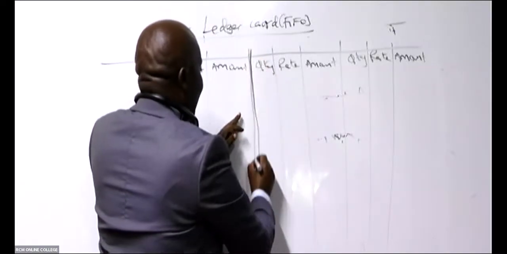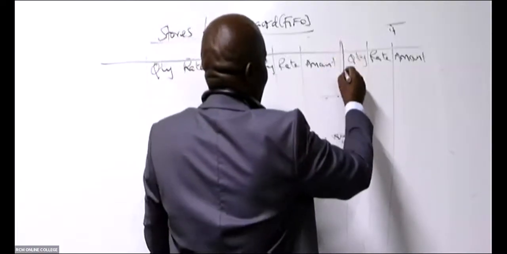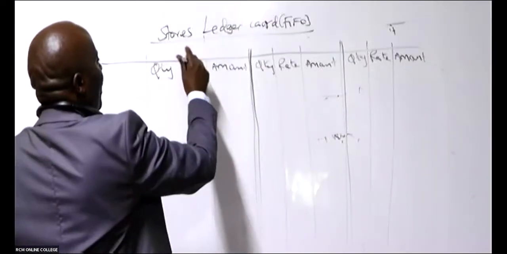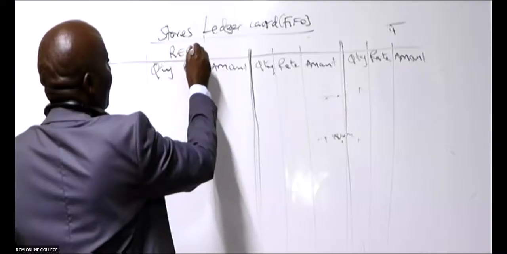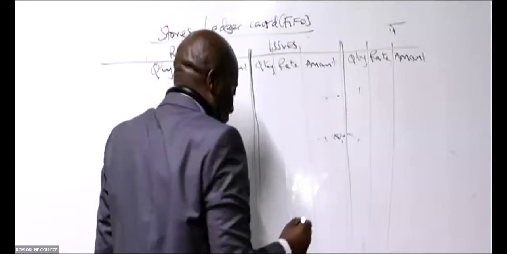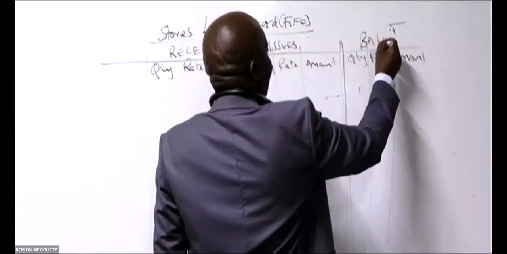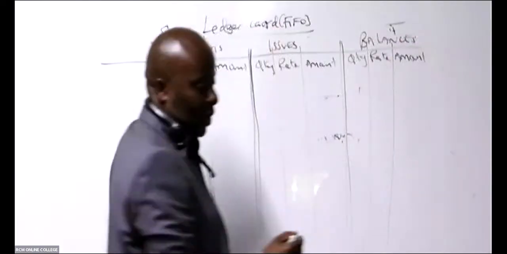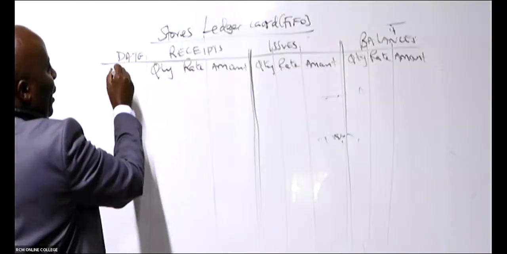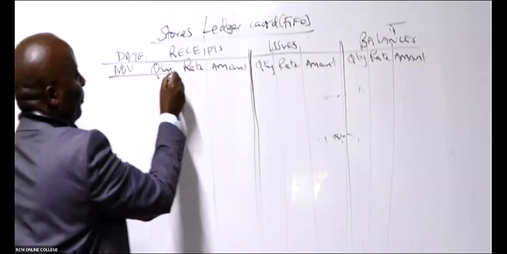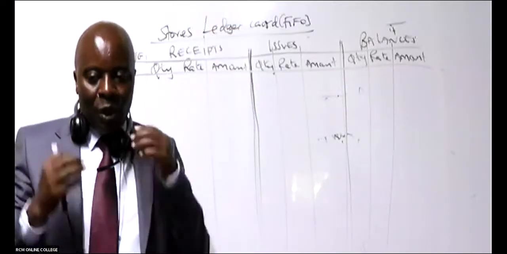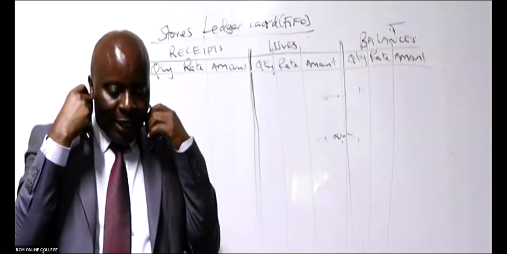The first one here is receipts, then we shall have issues, then balances. And here we shall have the date, and then you write the month of November. Once you finish writing up yours, mention there Y for yes.